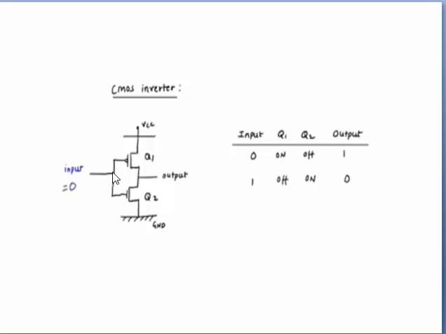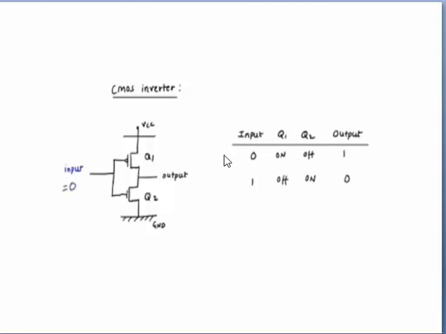And if we provide 0 for PMOS at the gate side, it is on and behaves like a short circuit or closed switch. And you can see the output is VCC, that is 1. So it is clear that if input is 0, then the output is 1, that is VCC.